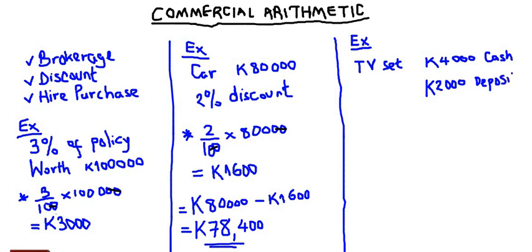So you pay a 2,000 kwacha deposit, and then you pay in installments 200 kwacha times 14 months, which means after paying the deposit, you collect the TV set, and for the next 14 months you'll be paying 200 kwacha.